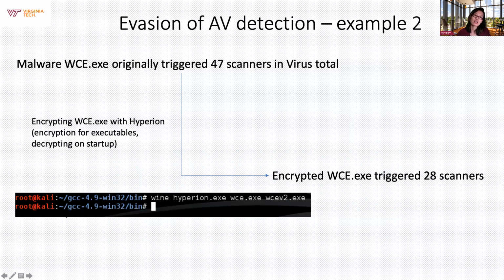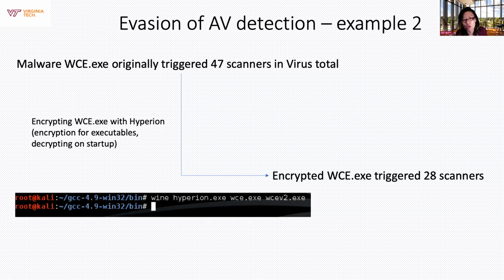Another example of evading AV detection is encryption. Without encryption, 47 scanners think this is bad. But if you use a known program, Hyperion, to encrypt the executable, only 28 scanners now complain.